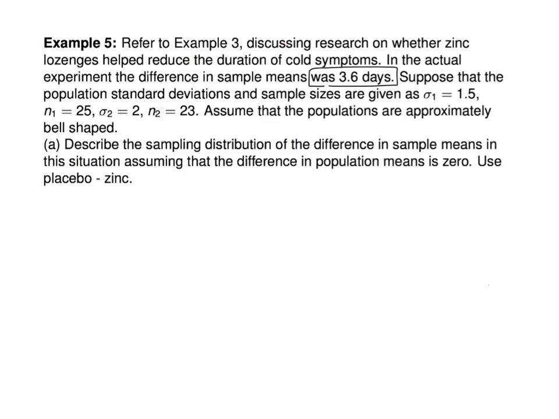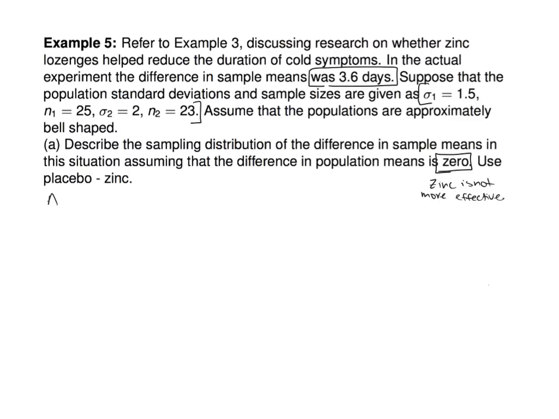So we first assume that we have these standard deviations and sample sizes, and the populations are approximately bell-shaped. Describe the sampling distribution of the difference in sample means in this situation, assuming the difference in population means is 0. When we make that assumption, what this really means is that zinc is not more effective than the placebo.